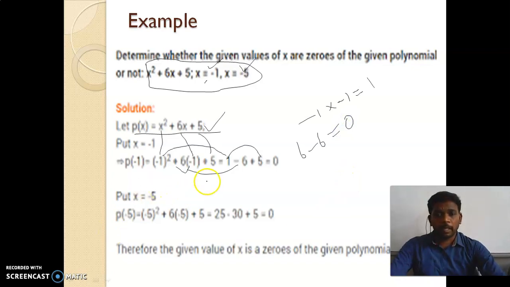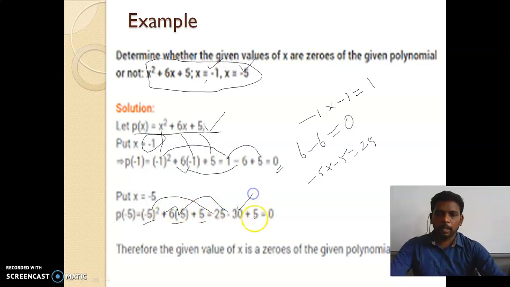So what is the conclusion here? When we substitute minus 1 instead of x, we got 0 as the value. Therefore minus 1 is the zero of the polynomial. Next, replace x with minus 5: minus 5 whole square, plus 6 into minus 5, plus 5. Multiplying minus 5 two times, minus 5 into minus 5 equals 25. Then 6 into minus 5 is minus 30, and plus 5.